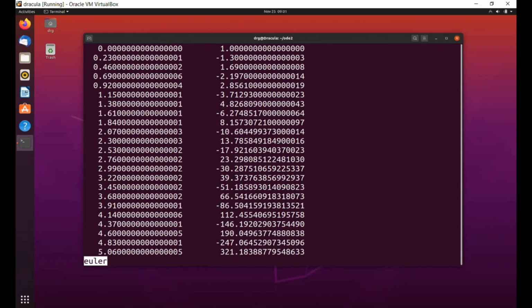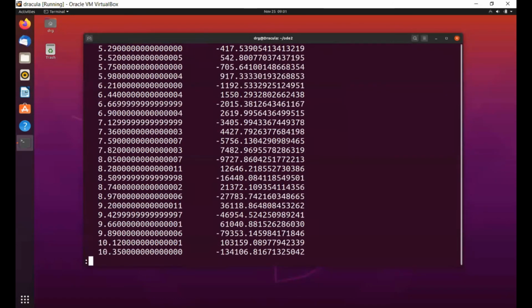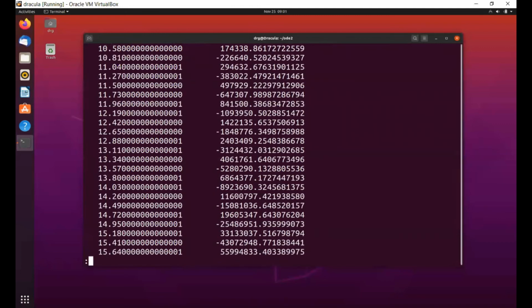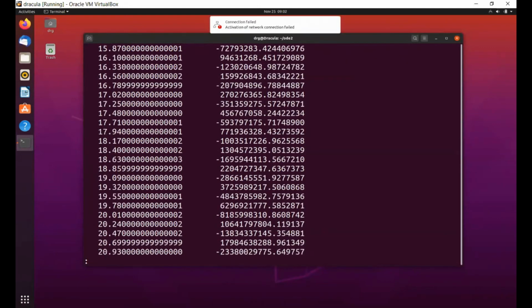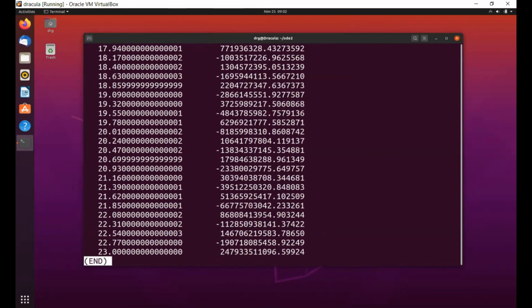By the end of the first screen, the magnitude of the solution is 321. Then it gets worse. Then it gets worse after that. And by the time we get down to the end, the computed solution, which is supposed to be getting close to zero, is gigantic. This is the instability of the method showing.